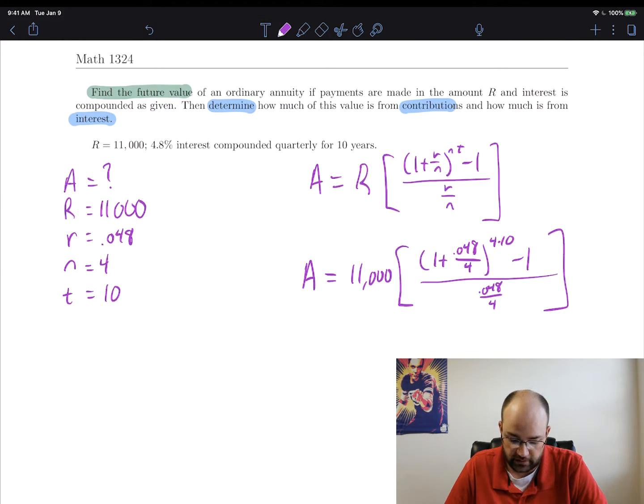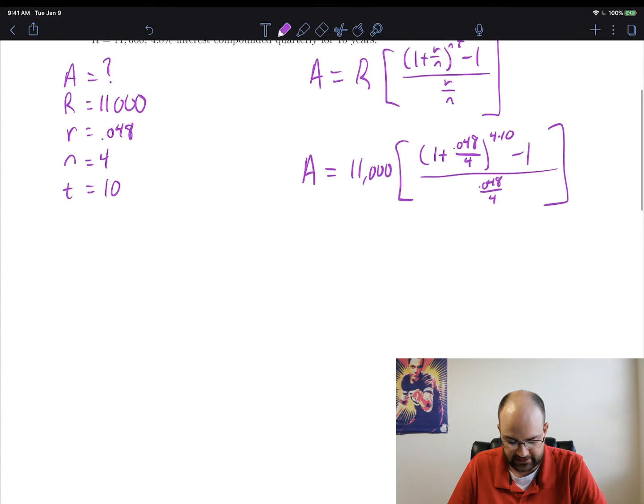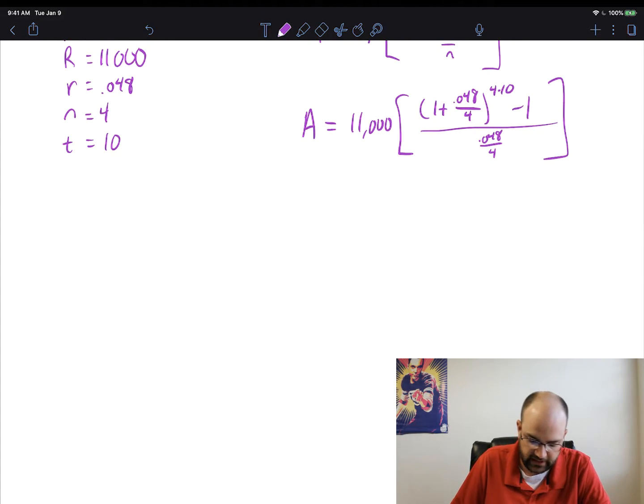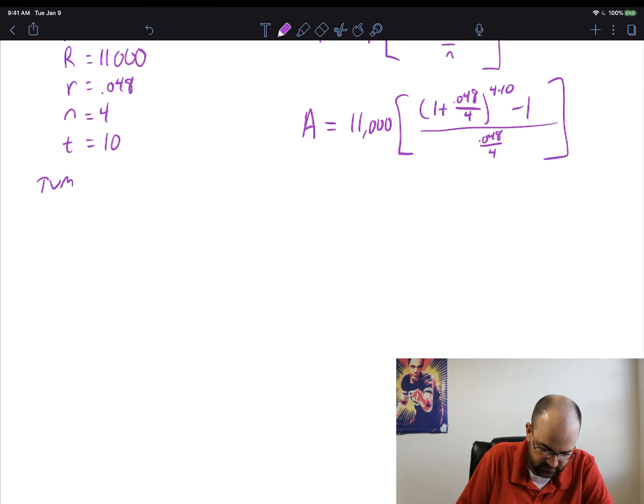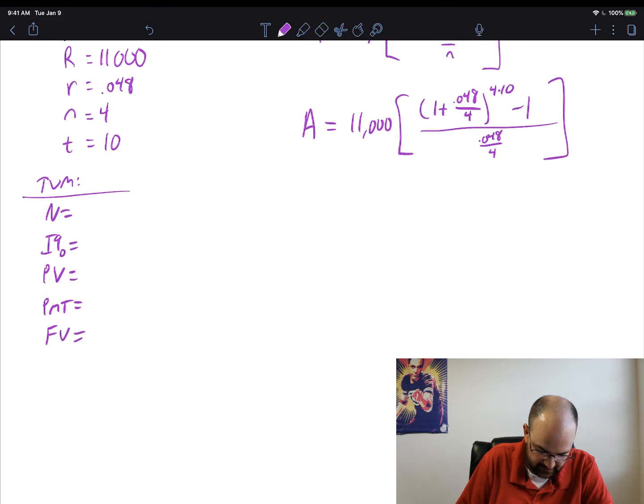But before we go there, remember we can use the TVM solver. So that's actually what I'm going to be using to do that. So the TVM solver, we have capital N, I%, PV, PMT, FV, P/Y, C/Y, and it should always be on end.